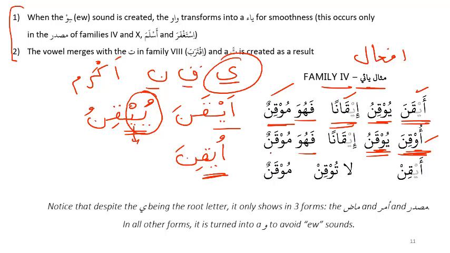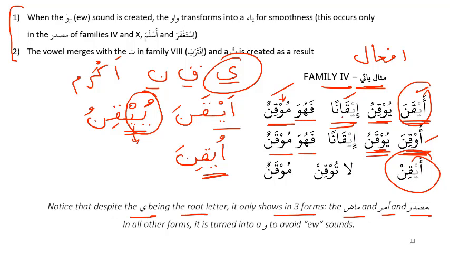So iqanan, fahuwa muqinun. Again, this is mithal ya'i, but by and large, ya doesn't show up. Mostly it is waw showing up. So notice that despite ya being the root letter, it only shows up in three forms: the madhi, over here; the amr, which is ayqin; and the masdar, which is over here.